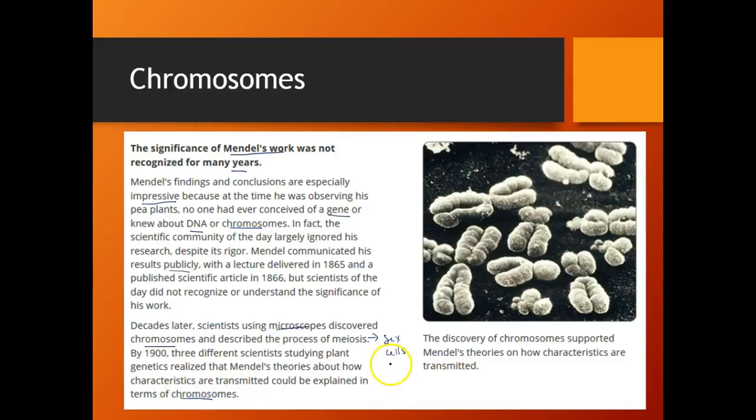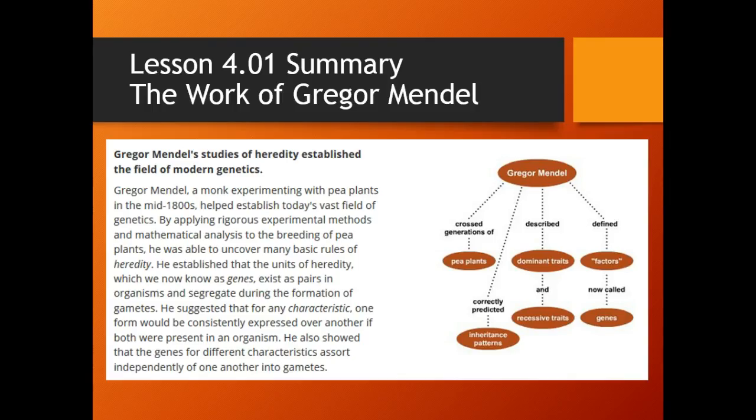And so when scientists were able to physically see what was happening inside cells, they saw these chromosomes, these individual units, right, in the nucleus. They're like, maybe Mendel's theories actually are valid, but it wasn't until they were able to actually physically see it themselves.